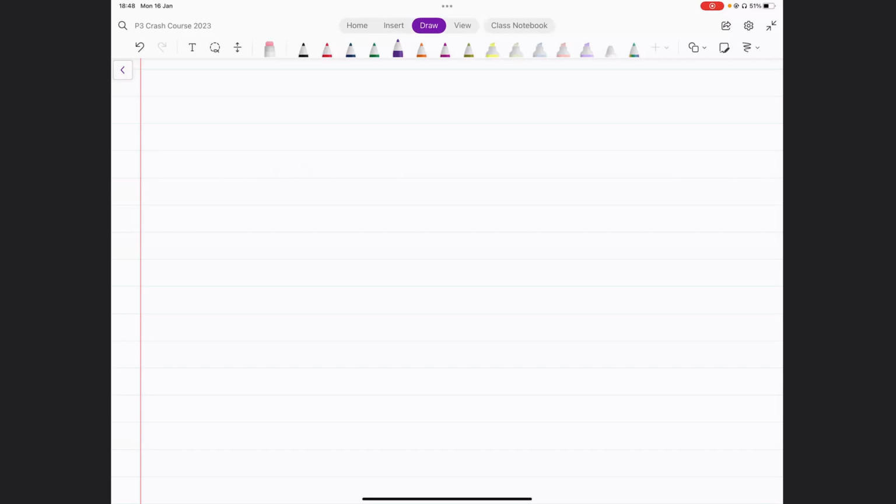Let's say we've got a number like this, 956, and we want to divide it by something. Let's say we want to divide it by, I don't know, let's say 7. 956 divided by 7, this is what we want to do.